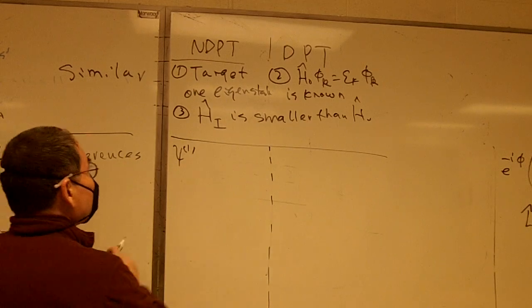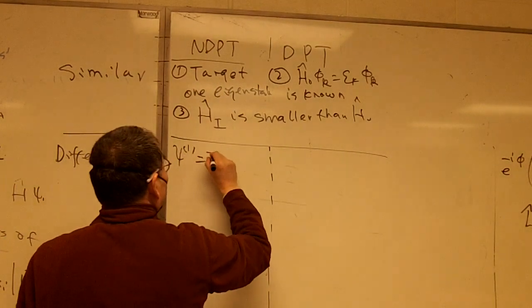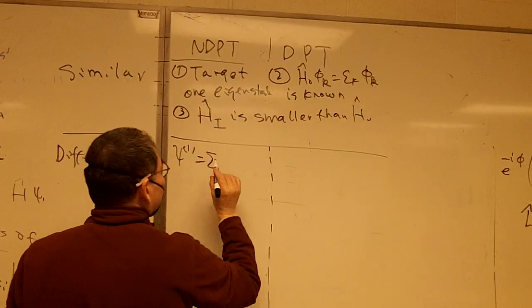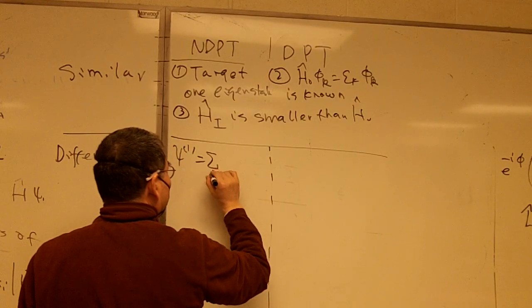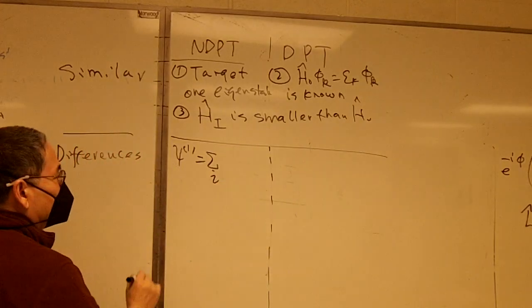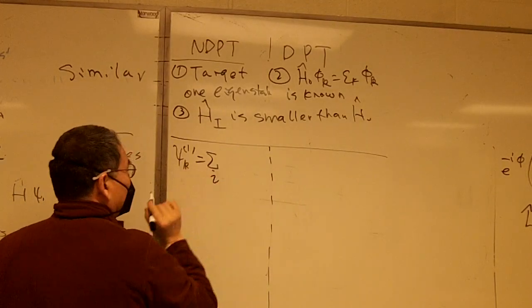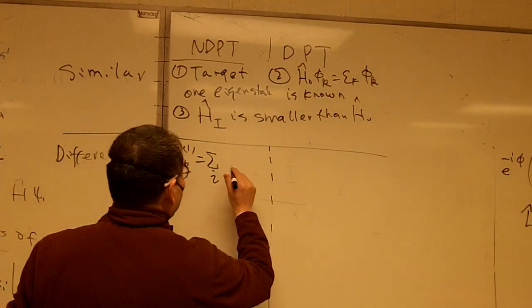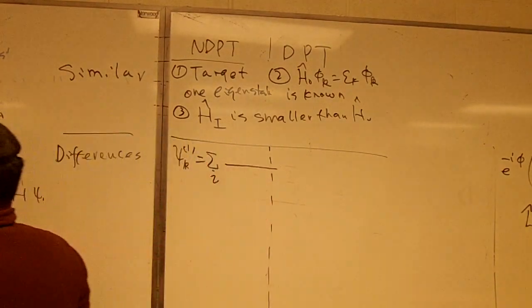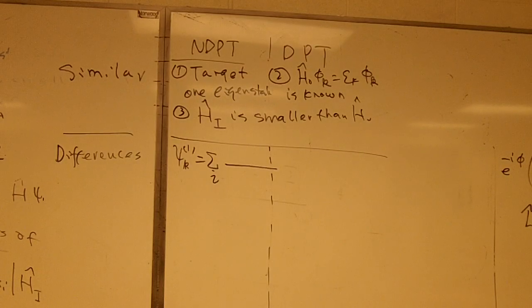For the wave function for the first order, we have a summation, and we have the coefficient in the front like this, and I use letter I to represent that. So that's the K like this. And the first order corrections are written over here.